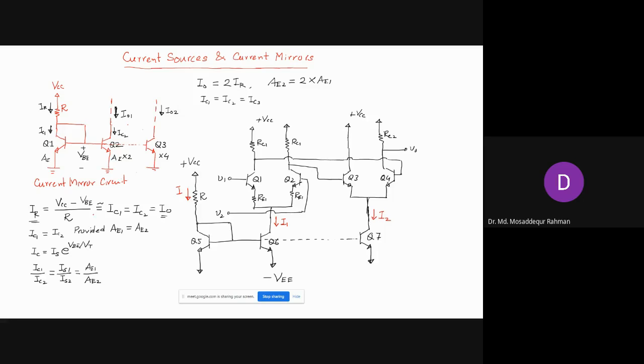So here Q5 is our main current source transistor that will produce this current I, and then this current I will be reproduced in Q6 and Q7.